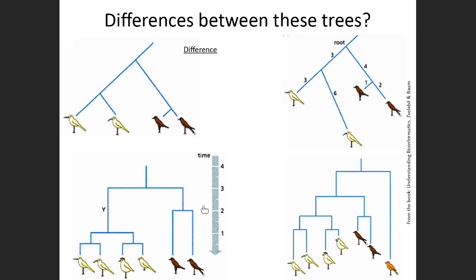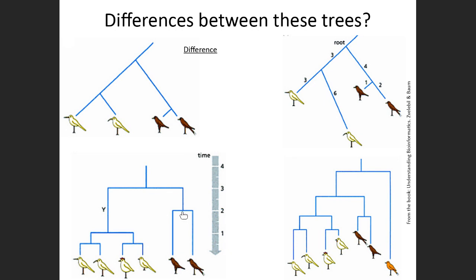And then this one here has the time scale, which is an ultrametric tree. These numbers here normally are in millions of years. And then there will be an exercise where I'll ask, when did the ancestor to these two birds live? Okay, so the two birds are today. And then when did the ancestor cease existing?